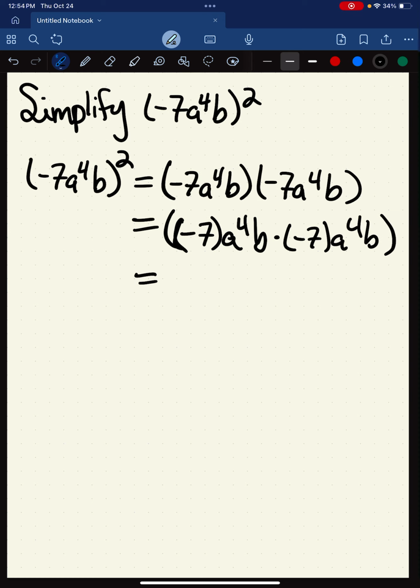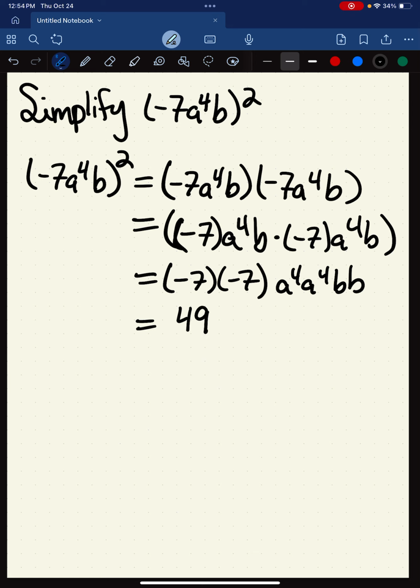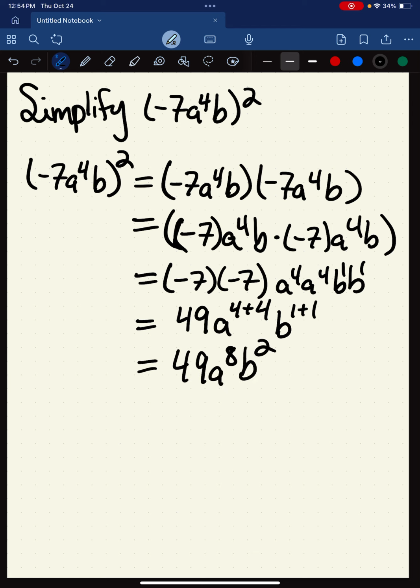Use the commutativity property to get that we have -7 times -7 times a to the 4th times a to the 4th times b times b. -7 times -7 is 49. a to the 4th times a to the 4th, remember, is a to the 4 plus 4. And then b times b is b to the 1 plus 1, right? Because b is the same thing as b to the 1. So this is 49a to the 8 b squared.